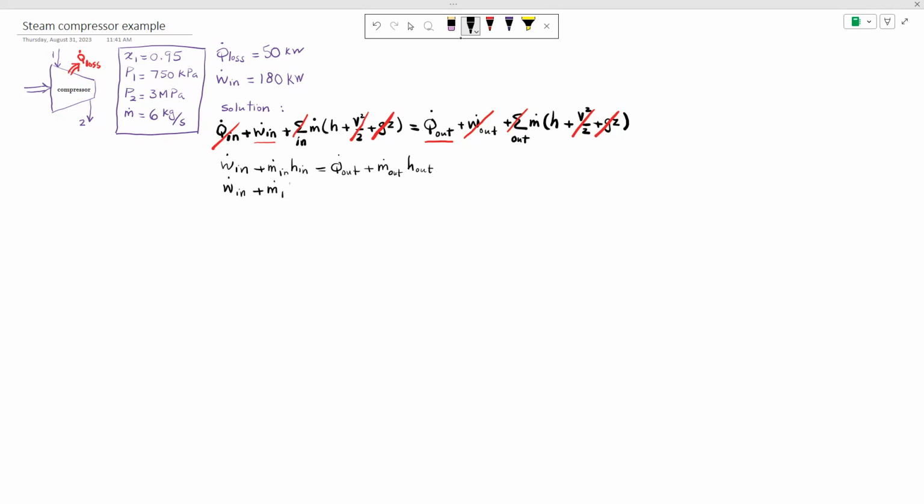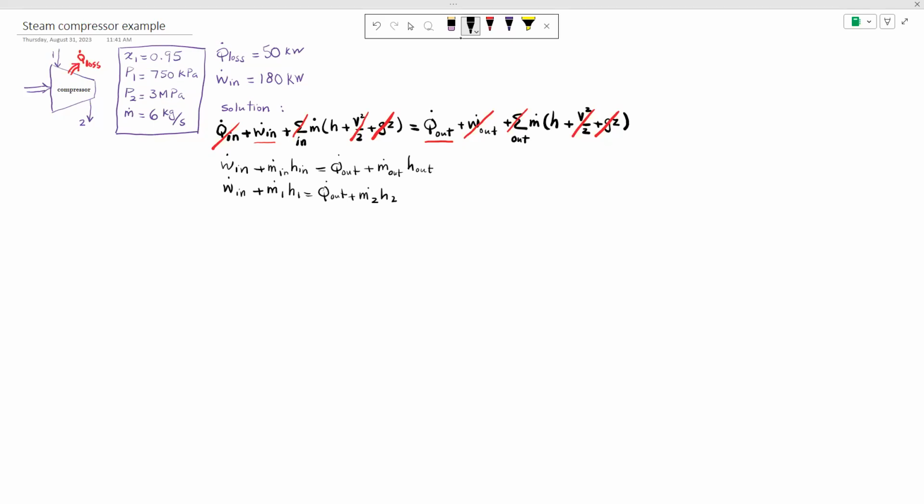So this will be M dot 1 H1 equals Q dot out plus M dot 2 H2. I kept in and out for work because we don't have work at position 1, position 2. Work and heat are transitive energies and are only defined when they cross the boundaries. So this is the form of the equation that we will work with.